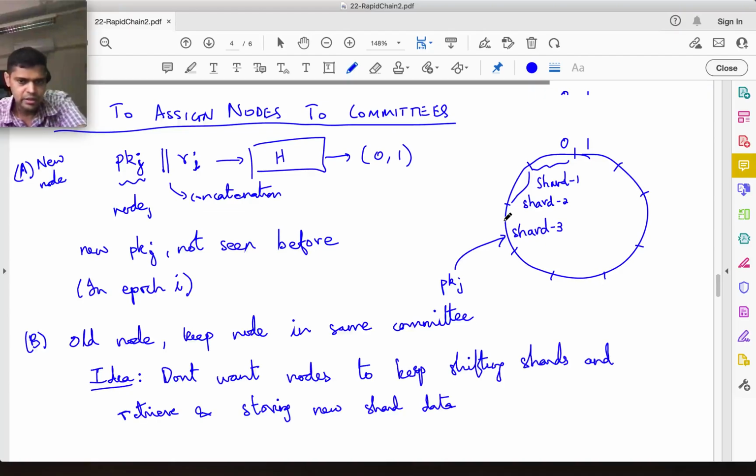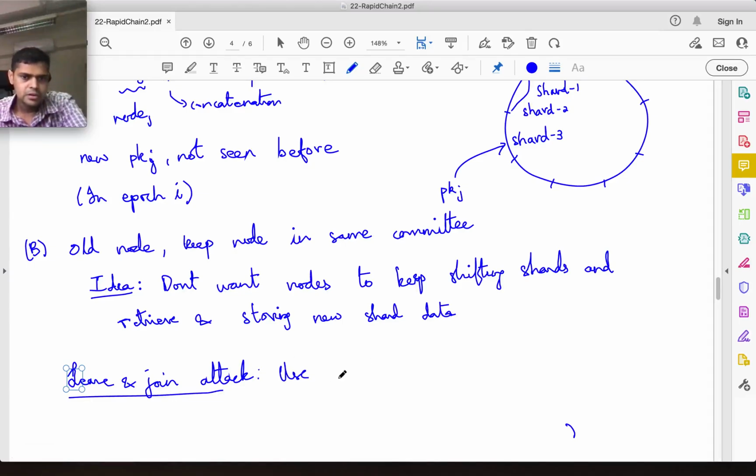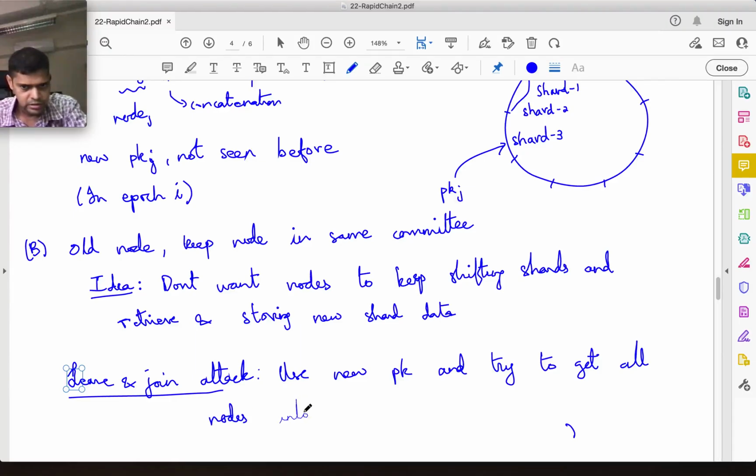So this is called a leave and join attack. Use a new public key and try to get all your nodes into the same committee.